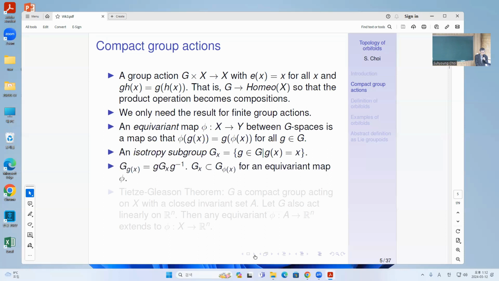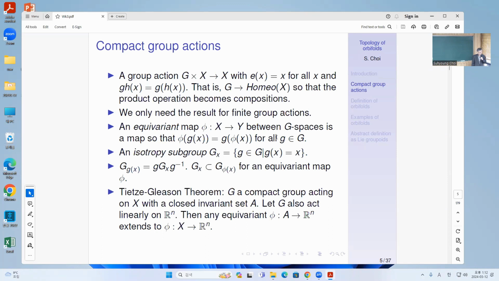Okay, so that's the subgroup, the stabilizer of x. The stabilizer of gx is just a conjugate of G_x, g G_x g inverse, and also G_x is a subgroup of G_phi(x). Okay, so if you map x to another space Y, then the stabilizer of the image point is in general bigger than just G_x, right? Of course it could be equal, but in general it could be bigger.